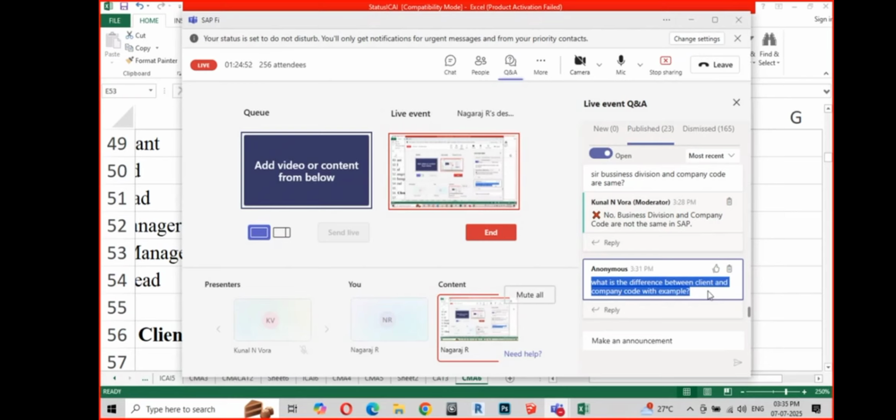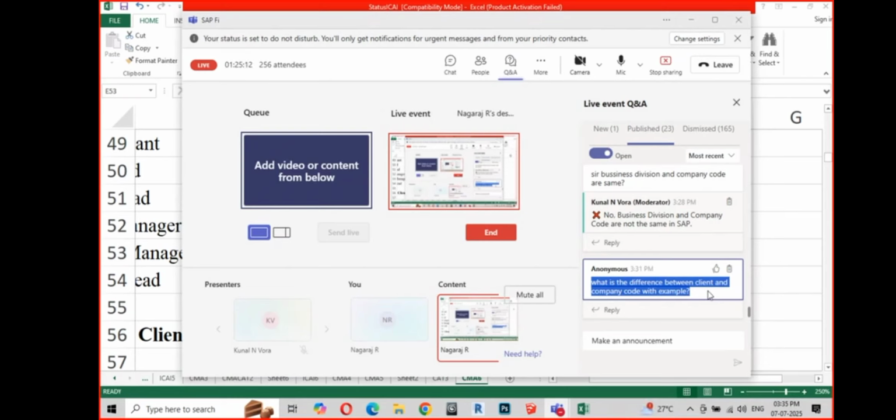So this is the logical space which identifies on which project I'm working, which client. Client is not your customer.